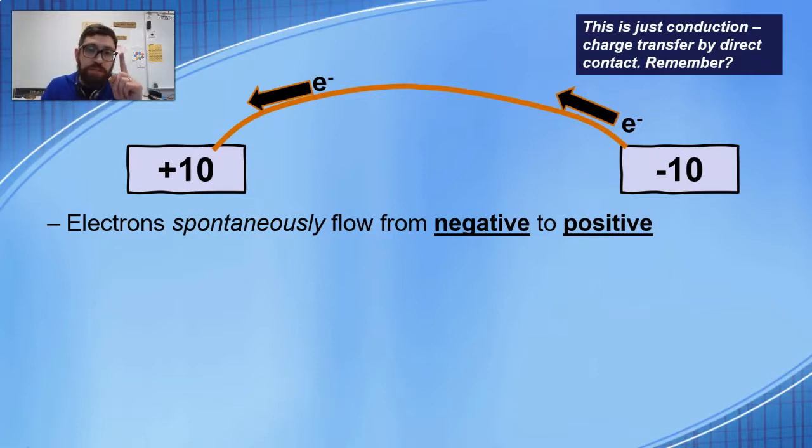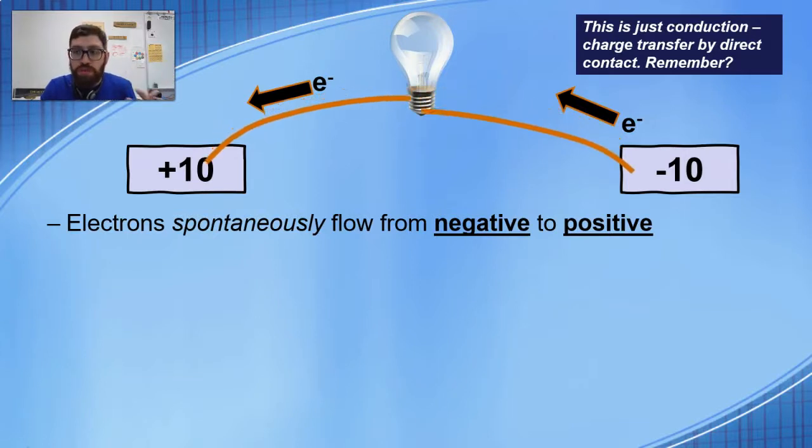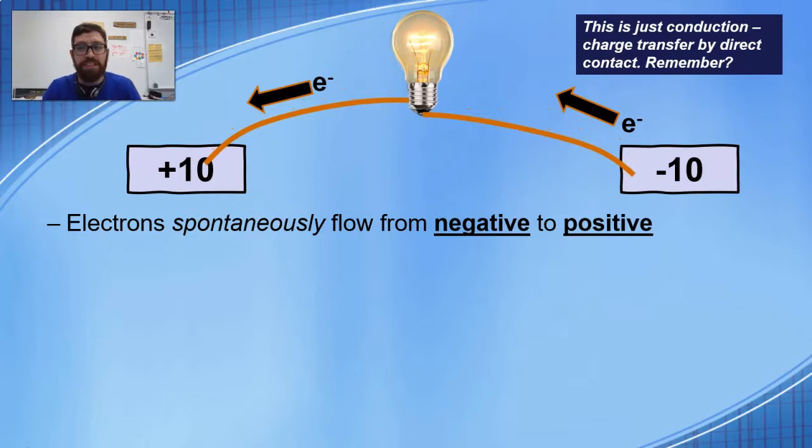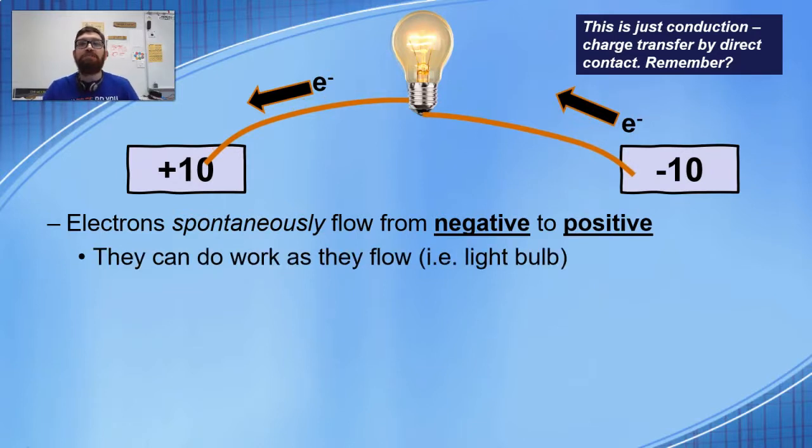Now, here's the beauty of this, and here's where science meets engineering. Turns out, if we put any device in the way of that electron flow so that the electrons are forced to flow through that device to get to the other side, now the electrons can do some work for us as they flow.